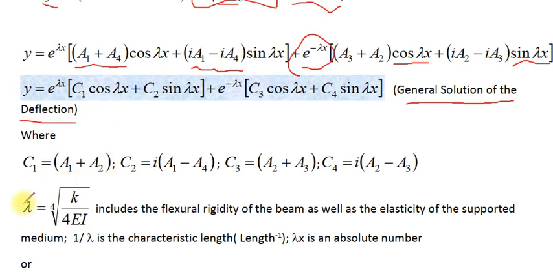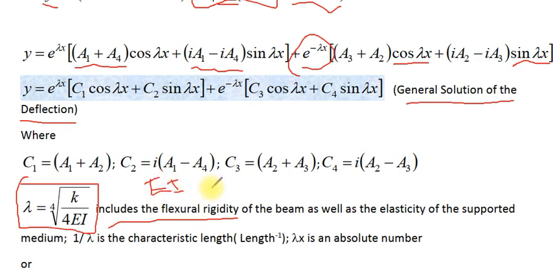In this equation, lambda equals the fourth root of k over 4EI. This term lambda includes the flexural rigidity EI of the beam.